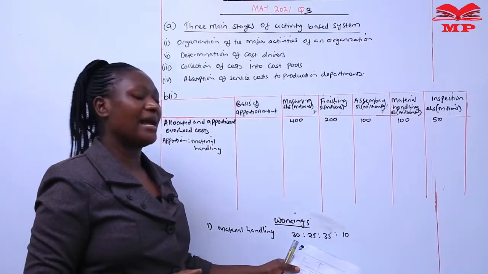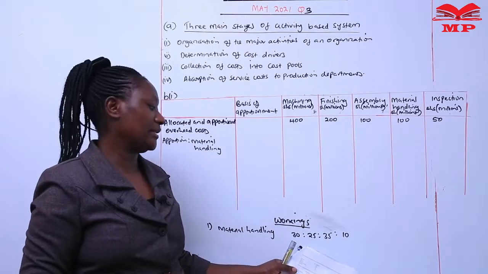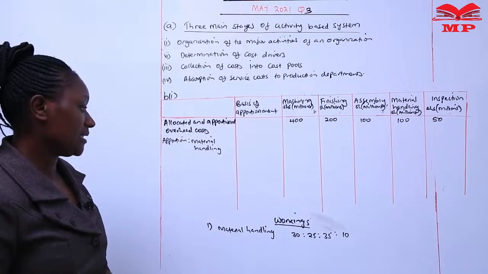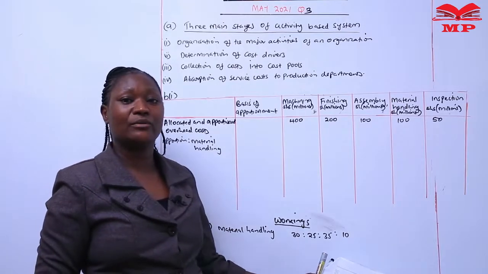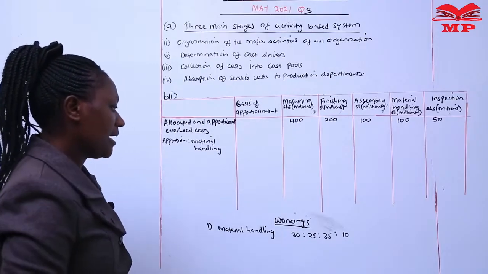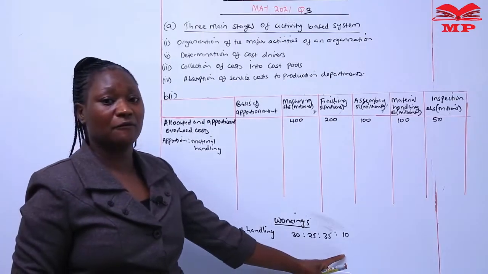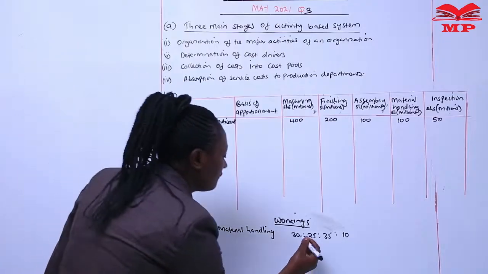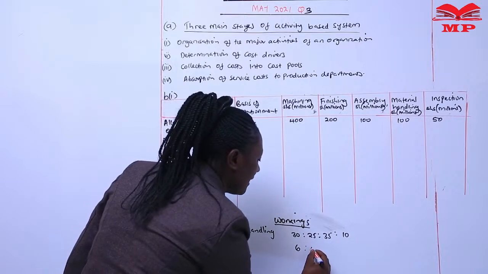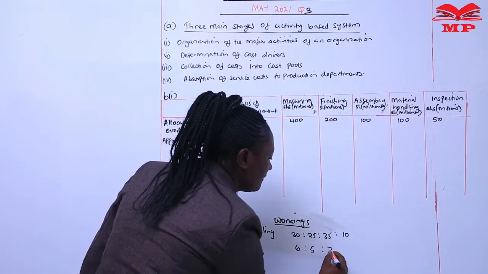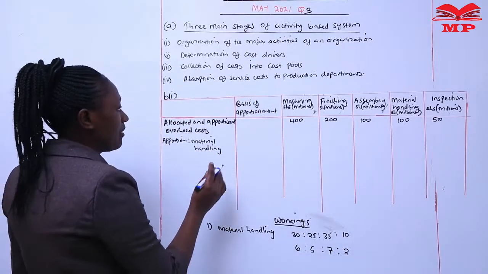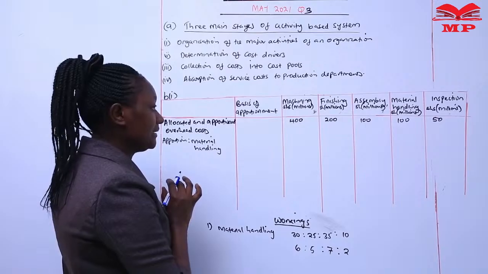So we are to identify the right ratio which we'll use under the basis of apportionment. For us to find the ratio, we are simply to use the lowest figure that is divisible in all these values. And the lowest figure is 5. So 5 into 30, 6 times, to 25, 5 times, to 35, 7 times, and to 10, 2 times, and that will be our basis of apportioning this amount.